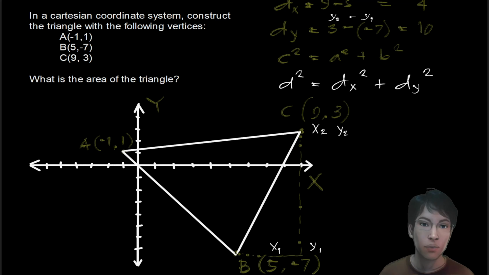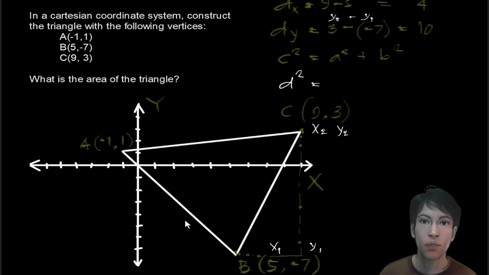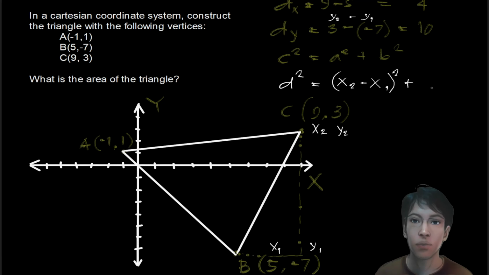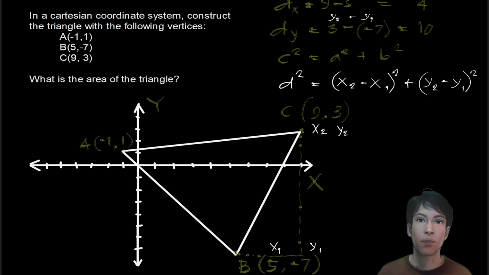Let me erase this one and write it like this: d squared equals (x sub 2 minus x sub 1) squared plus (y sub 2 minus y sub 1) squared.